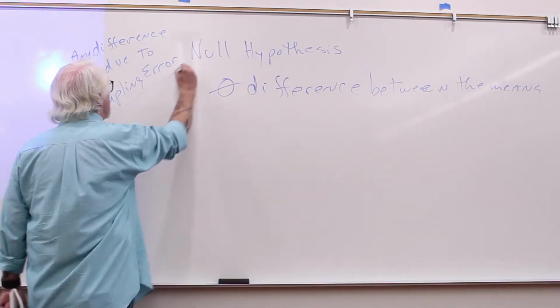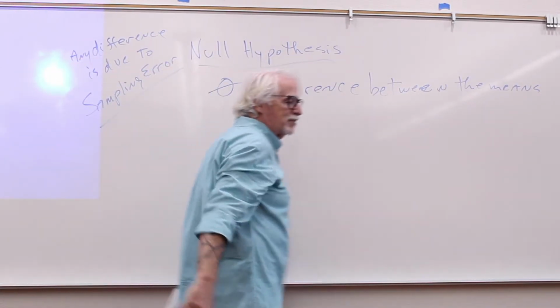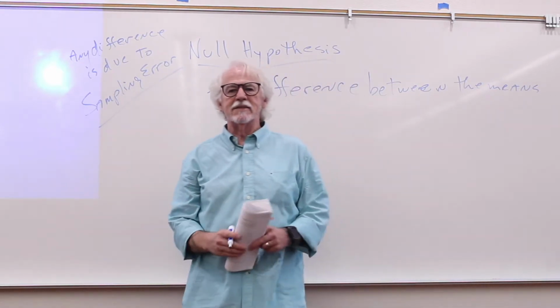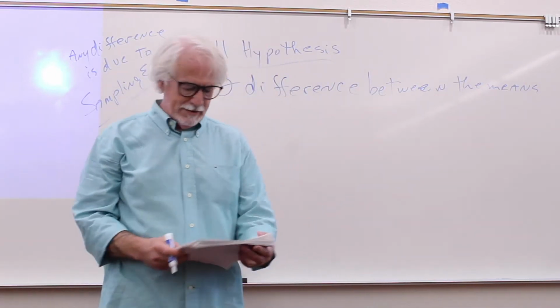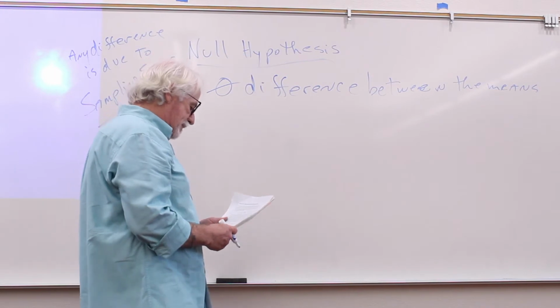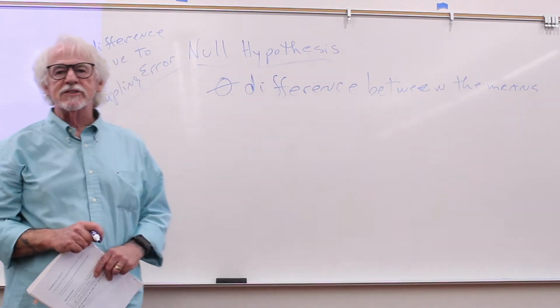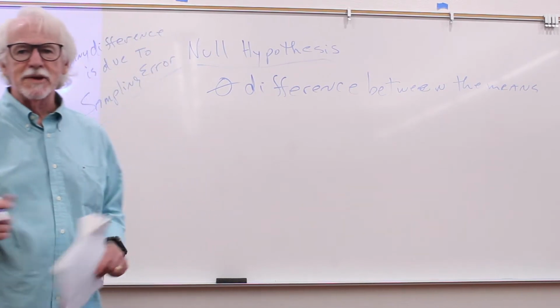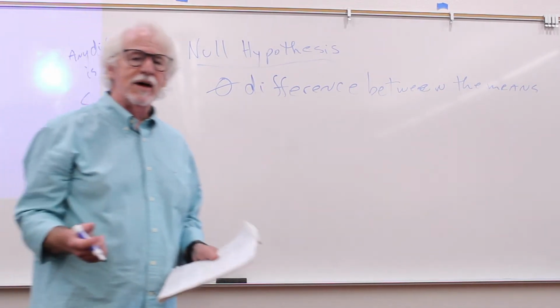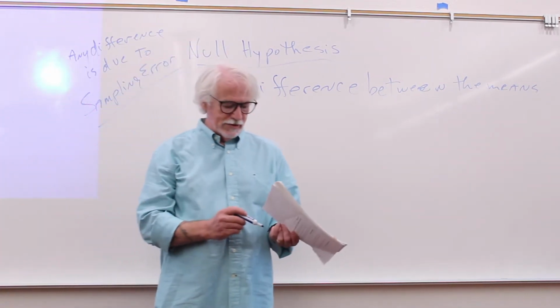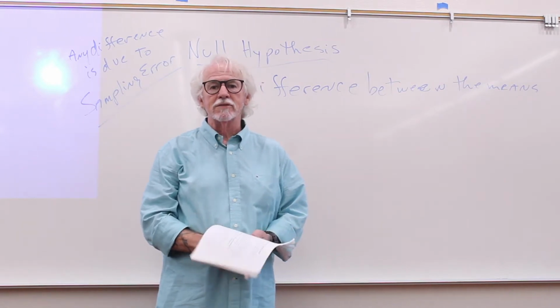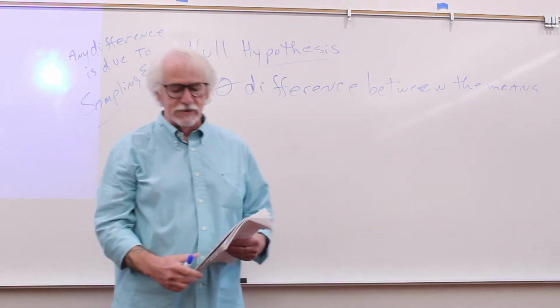Keywords: null hypothesis and sampling errors, right? So the difference between the means in any population study is 0. That's basically what the null hypothesis says. Our goal as researchers is to prove the null hypothesis wrong, typically, is what we're trying to do.